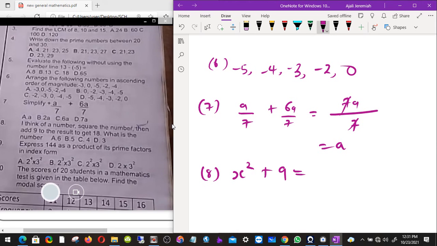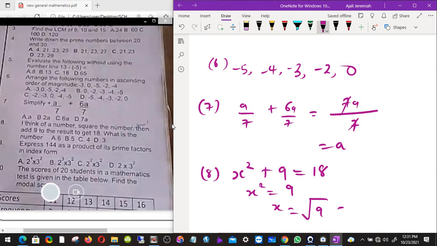The result is 18. What is the number? So let the number be x. Square the number: x squared. x squared equals 18 minus 9, which is 9. So what should I do to get x? x becomes square root of 9, which is plus or minus 3. I've always told you that the square root of 9 is plus or minus 3. You should start taking note of that. Are we together?